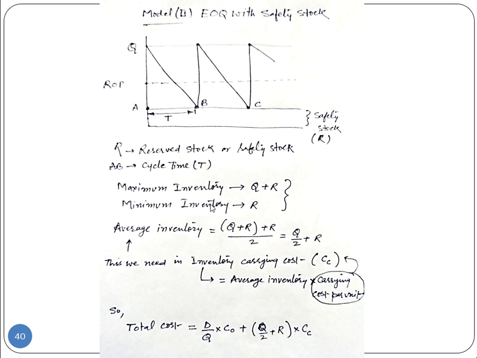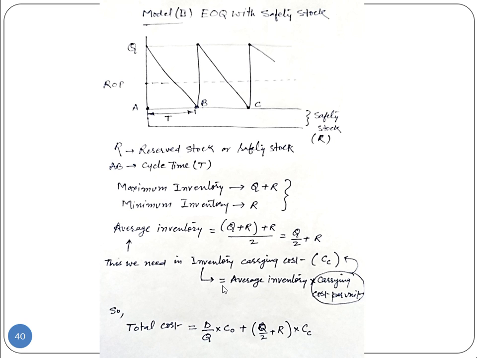So we are going to find the average inventory. Why average? Because while calculating the carrying cost, we need the average inventory. I have mentioned this over here. This we need in the inventory carrying cost, that is the CC.